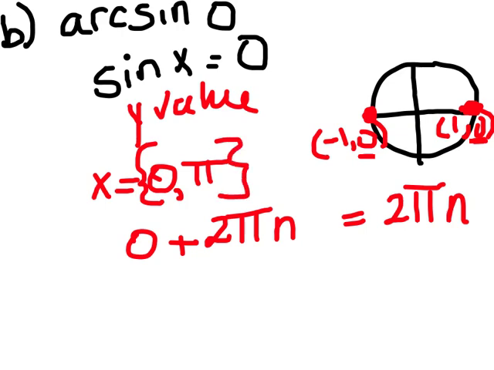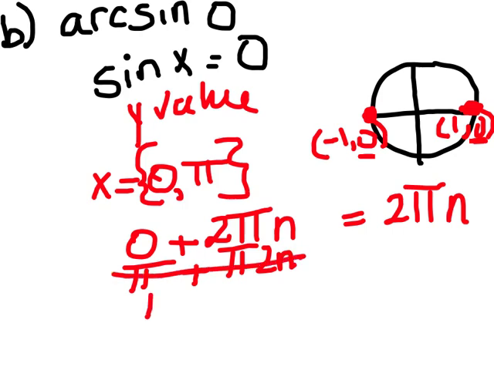If they want all values, if I were asked for all the solutions that would have that sine, it would just be 0 plus 2 pi n, and that simplifies to 2 pi n. Or it could be pi was the other one, and I could keep going in circles around the unit circle to get to pi, so it would be pi plus 2 pi n.